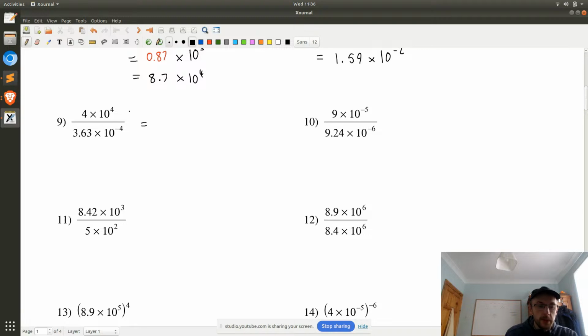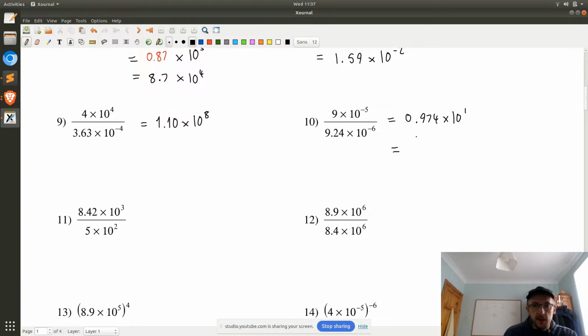Okay, so 1.10 times 10 to the 4 minus 4 is 8. And here, 0.974, minus 5 minus 6 is 1.